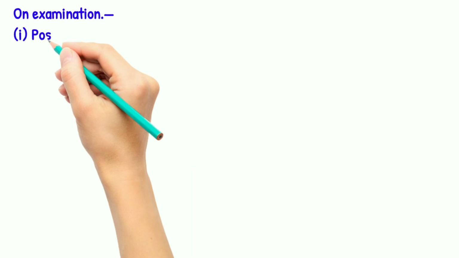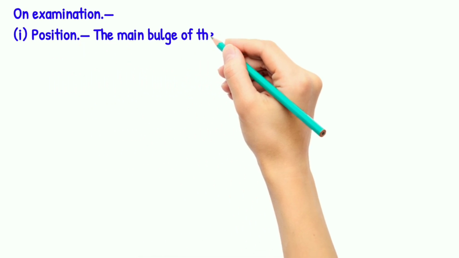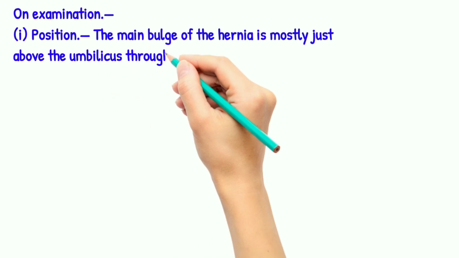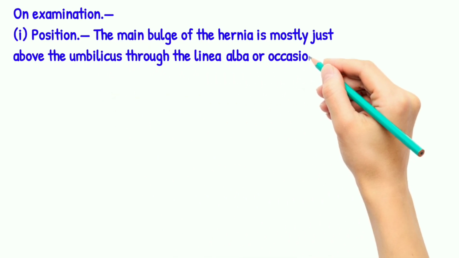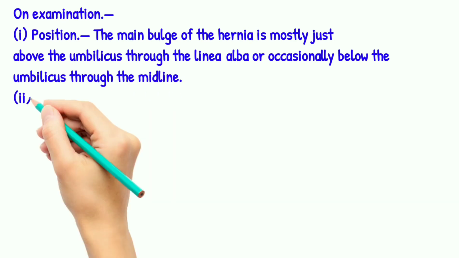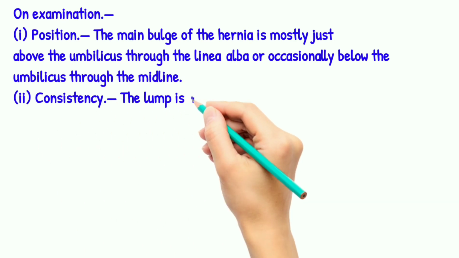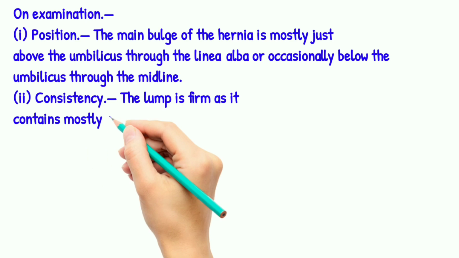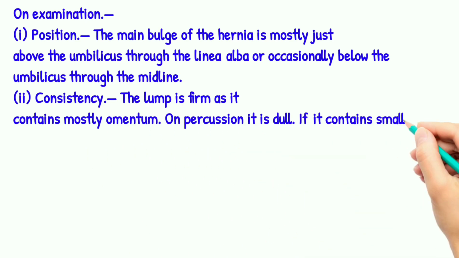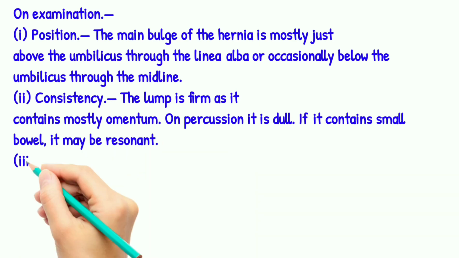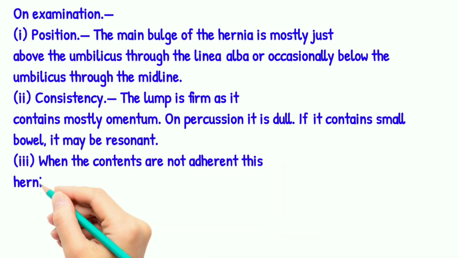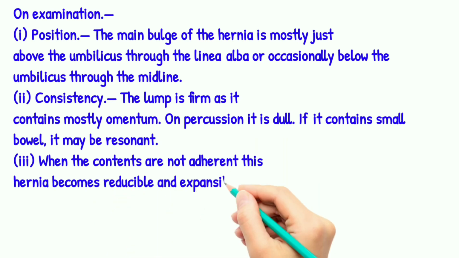On examination, the position: the main bulge of the hernia is mostly just above the umbilicus through the linea alba, or occasionally below the umbilicus through the midline. Consistency: the lump is firm as it contains mostly omentum, or percussion is dull if it contains small bowel.